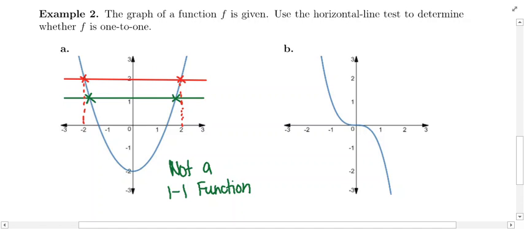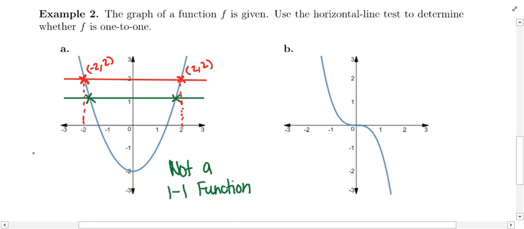This point on the parabola represents the ordered pair (-2, 2). If x is -2, the y value is 2. And this point is (2, 2). So if x is 2, y is also 2. These two spots are showing you two different inputs that share the same output.